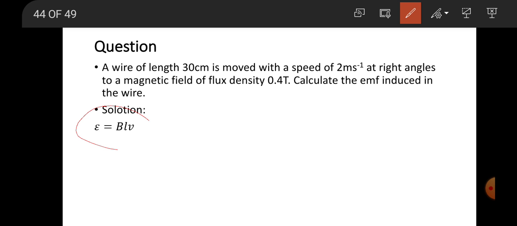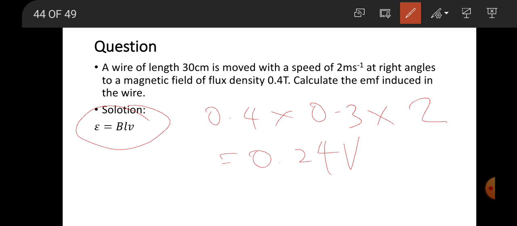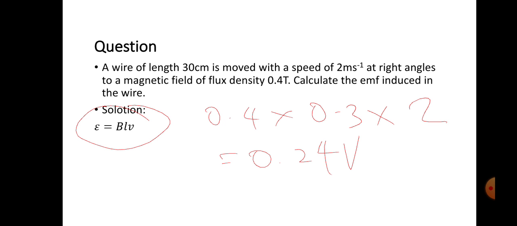So the EMF is BLV. So your B here is 0.4. Your L is the length of the wire, which is 30 centimeters, that's 0.3 meters. Then your V is the velocity, that's 2. So you're going to have 0.4 times 0.3 times 2, that will give us 0.24 volts. Okay, it's quite interesting.